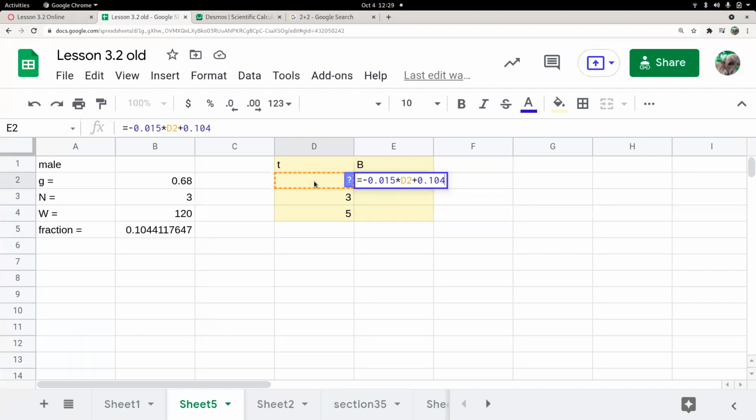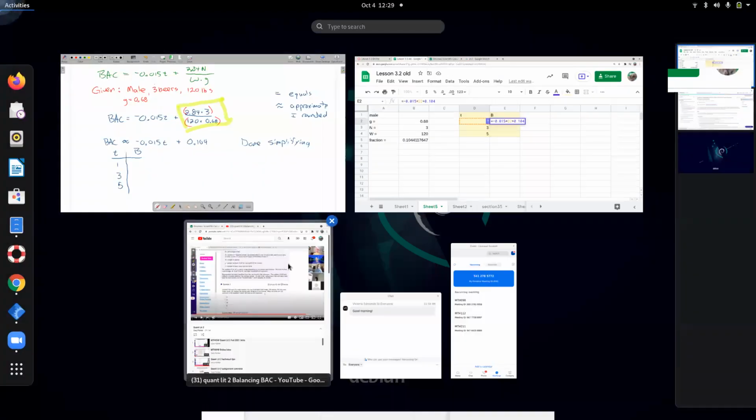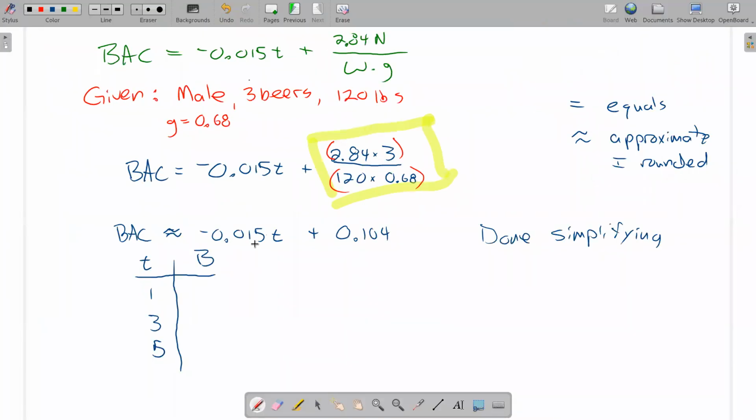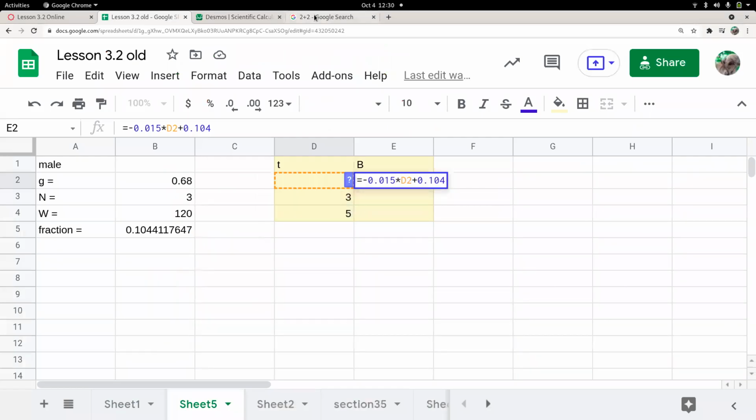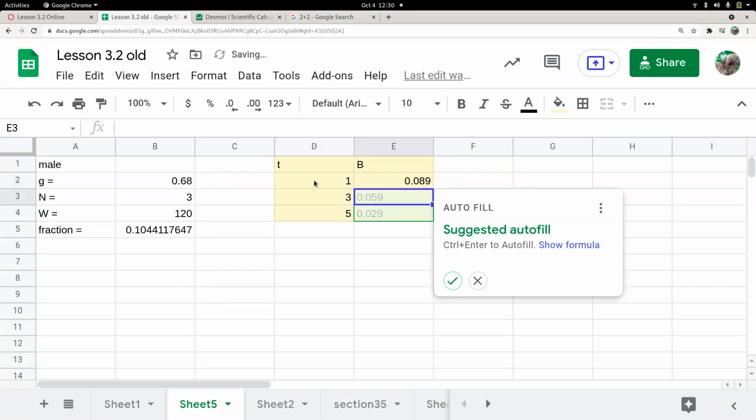All right, so I'm thinking about that formula I had in my notes. In my notes, the formula was negative 0.015 times T plus the 0.104. And I just told the computer where to look for T. I said, look in the next box over. Enter, and it makes the calculation.